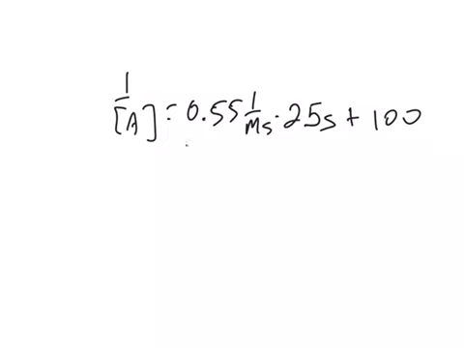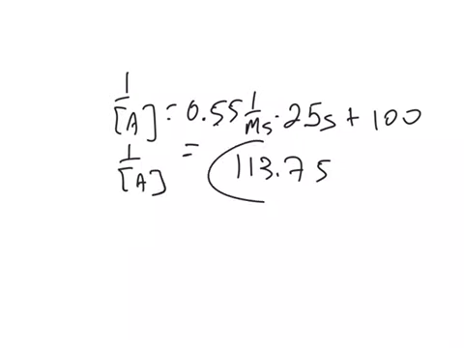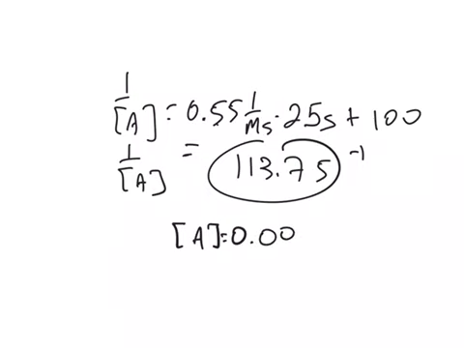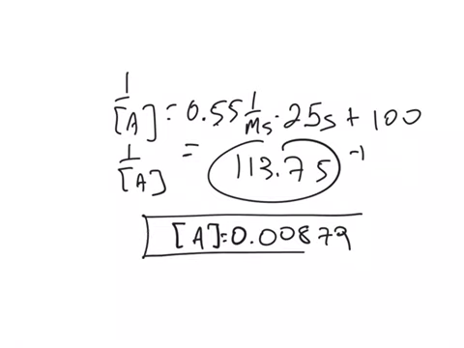If you do the math, you take 25 times 0.55 and add that to 100, you get, wait for it, 113.75 equals 1 over A. Then if you take the inverse of this, you get A equaling 0.00879.